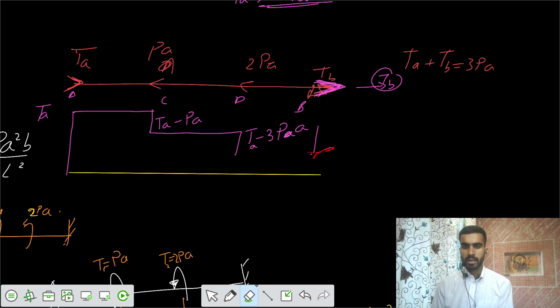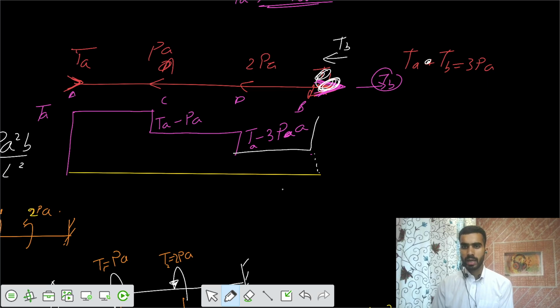If you are going that way, it will increase, and the SFD won't come to 0. That, what we call the TMD, won't go to 0. So to make things easier, the TB should be in the opposite direction. Let's assume that TB is in the opposite direction.